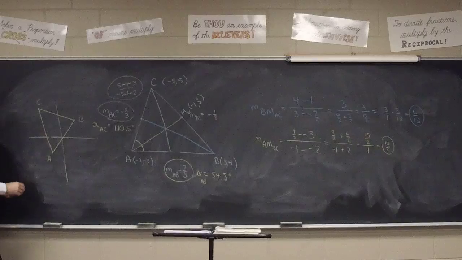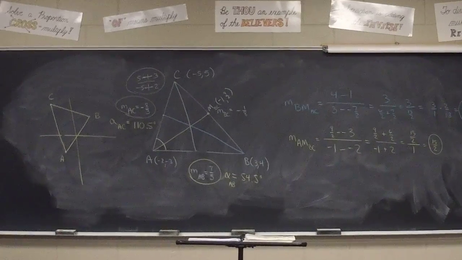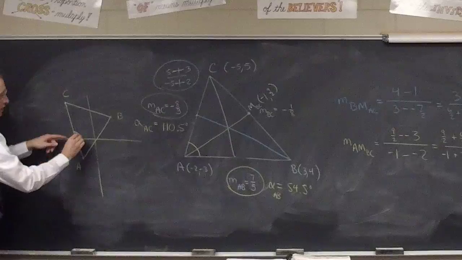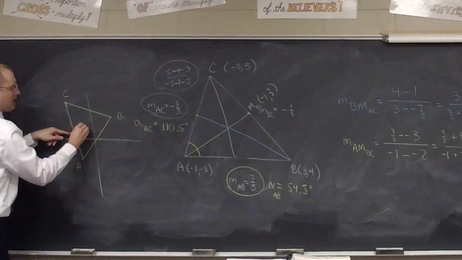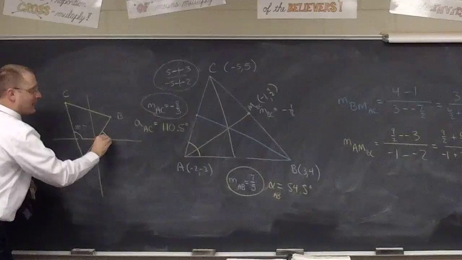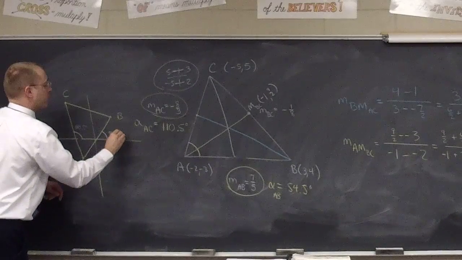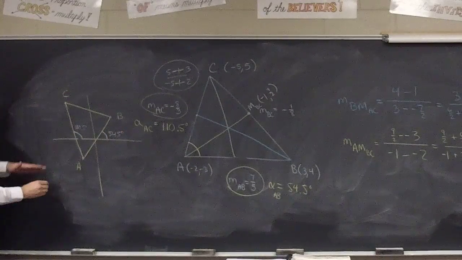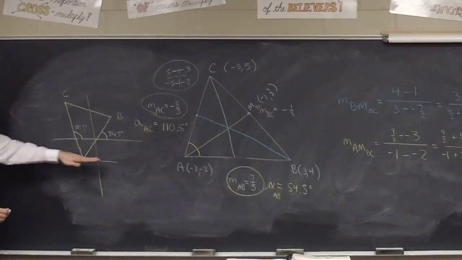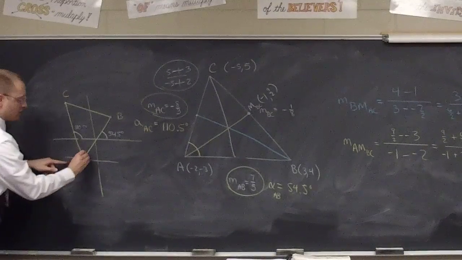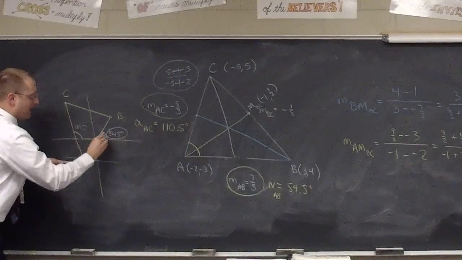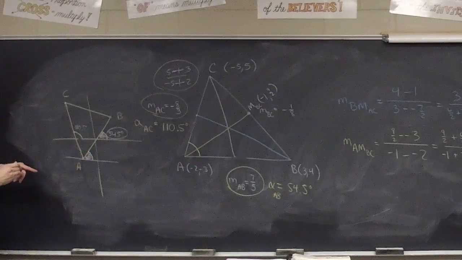Now, technically, zoom in just a little bit over here. This angle right here, this is the 110.5. Does that make sense? This angle right here is the 54.5. But if we were to draw a little extra axis right here, a parallel to the x-axis, you realize this is still going to be 54.5, correct?